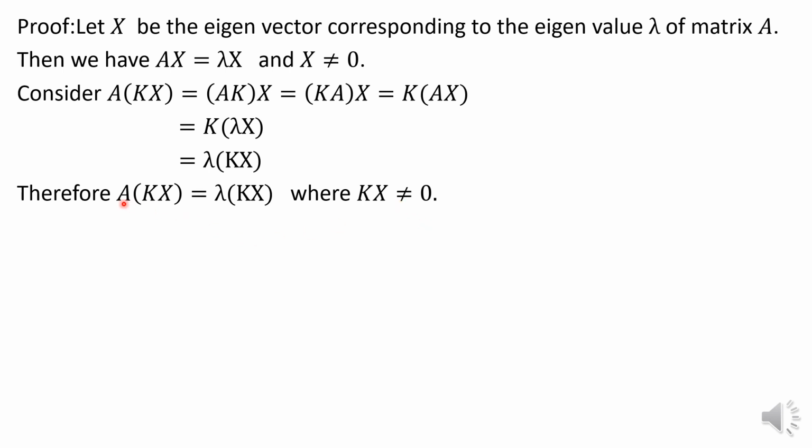What we have is A into kx is equal to lambda into kx. Observe this equation and compare it with Ax is equal to lambda x. If I have Ax is equal to lambda x, then we say x is the eigenvector corresponding to the eigenvalue lambda.